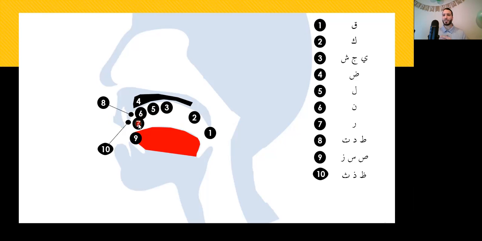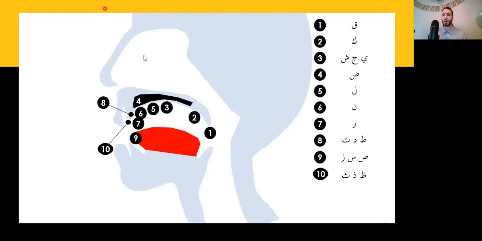ra. Another letter that is not touching really, right? We're not touching things with the ra. It's hovering. So na, ra, ra. No touching. Na, la, na, ra.